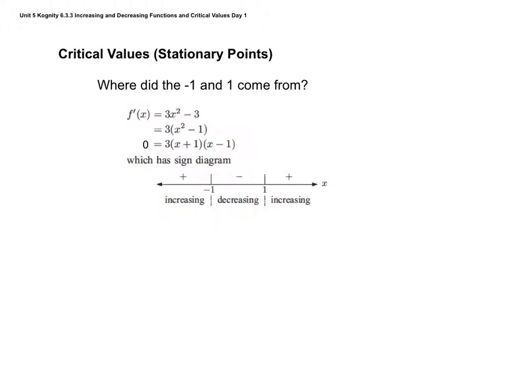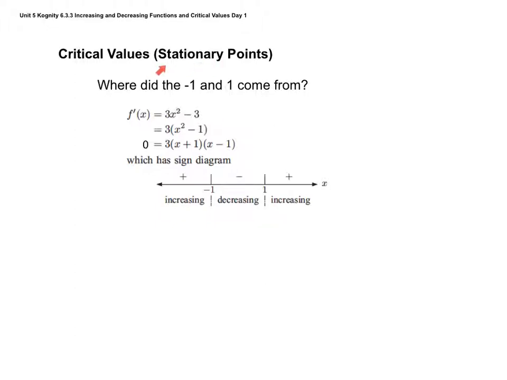Okay, so we put that on a number line, and that divides the whole number line into 3 regions. We test a value in each of those regions, and whether it's positive or negative tells us whether the function is increasing or decreasing. Okay, and remember this term, the term critical value or stationary points. Okay, critical points or stationary points.